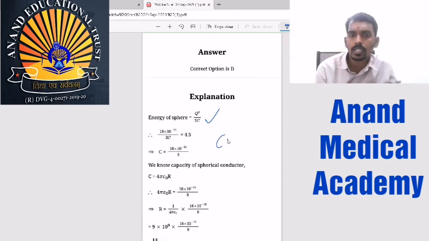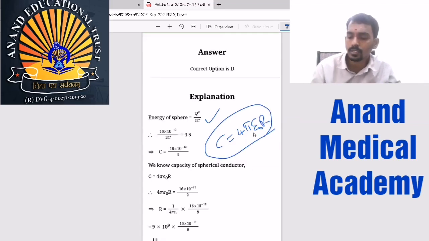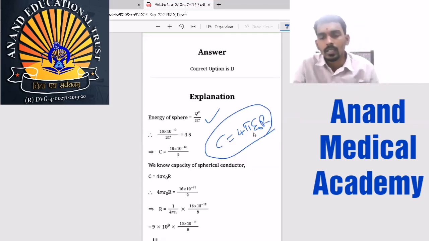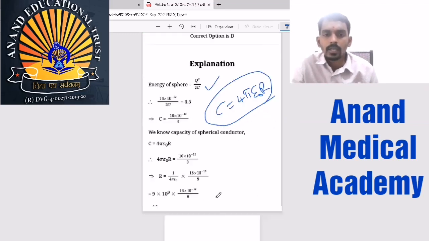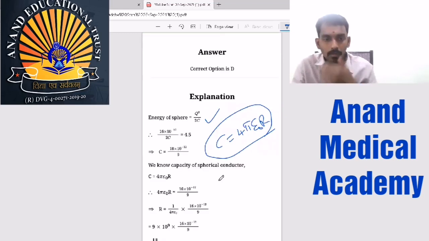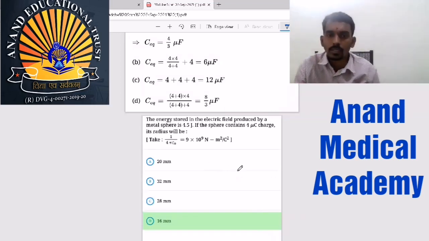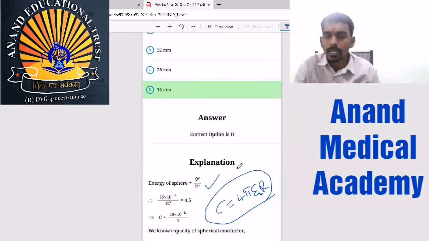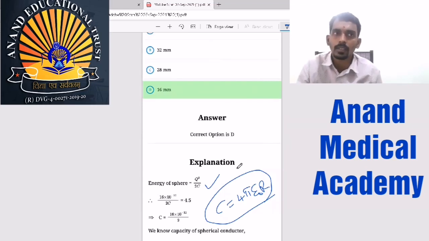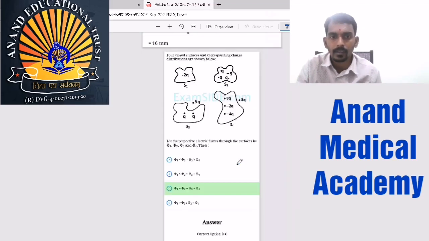But for an isolated sphere, the capacitance is 4 pi epsilon naught r. In the case of Earth, we study this formula, so you can equate it and find it. Here two formulas are there, so the question is based on two combined formulas. Capacitors is one of the important topics for NEET.